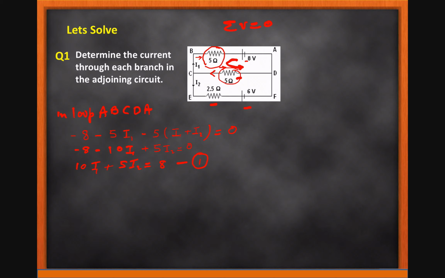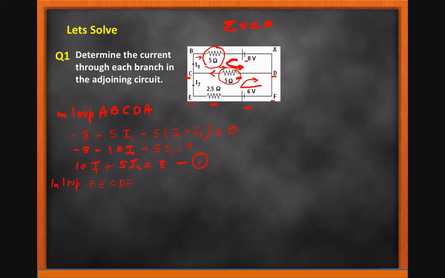So take the second loop, loop F, E, C, D, F. We are moving clockwise.